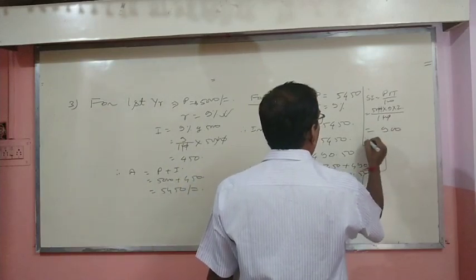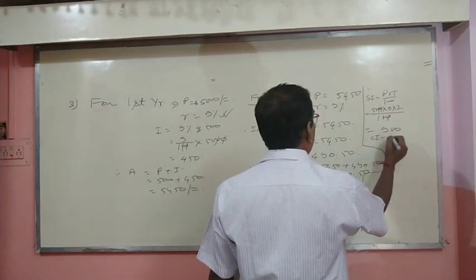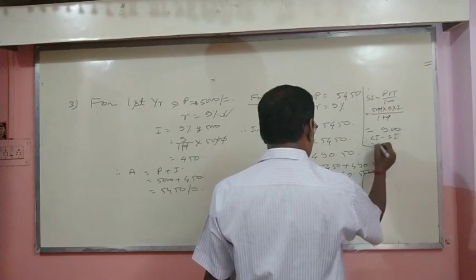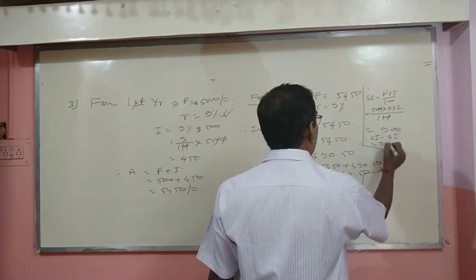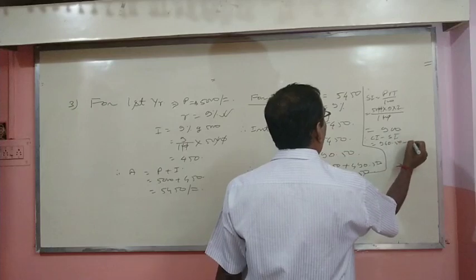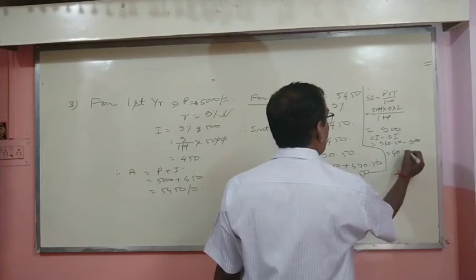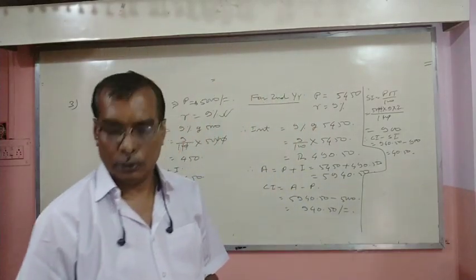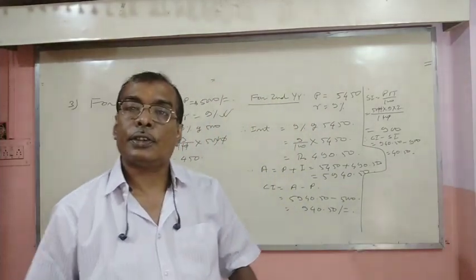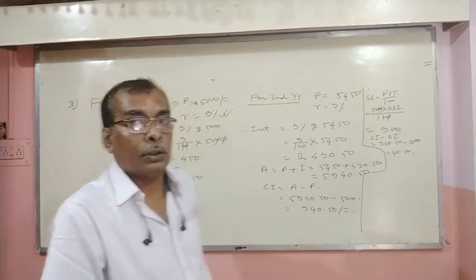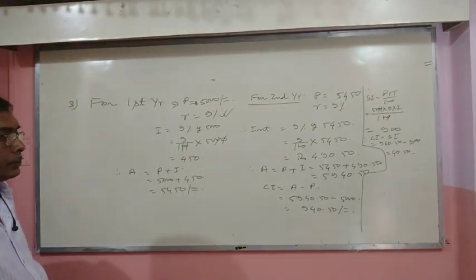Therefore, CI minus SI is 940.50 minus 900, which is equal to 40.50. This is the answer of this particular solution.